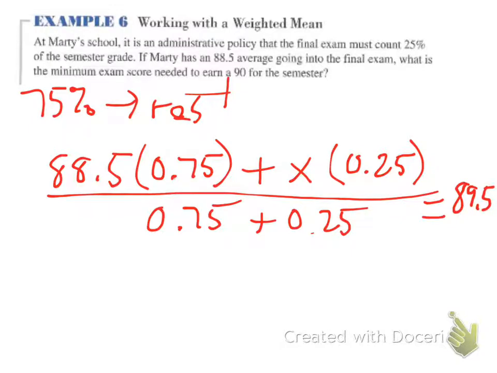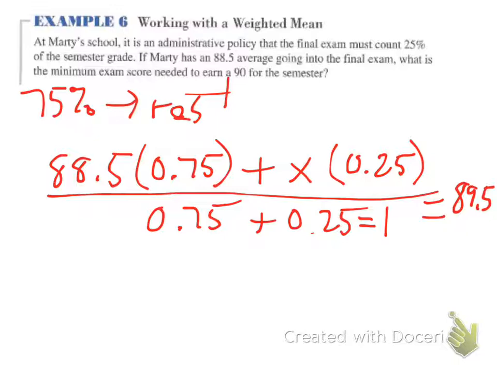Okay, because if you round up 89.5, you can still get a 90. So he's looking for the minimum score. So we'll use 89.5 total because 89.5 and above would get you a 90. So the bottom is 1.